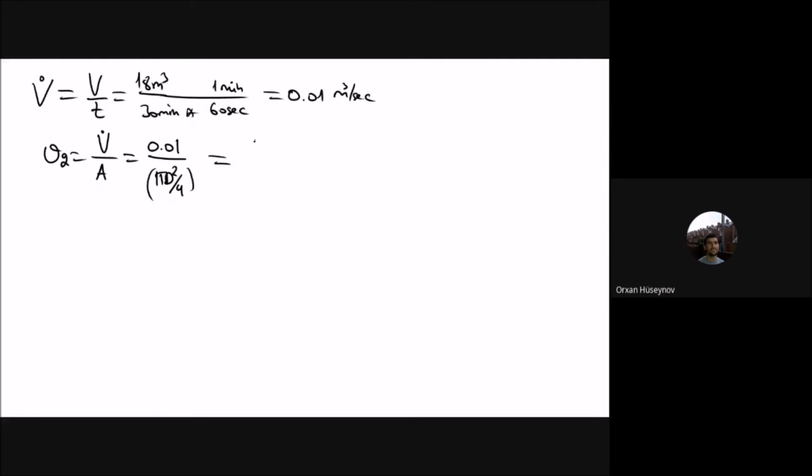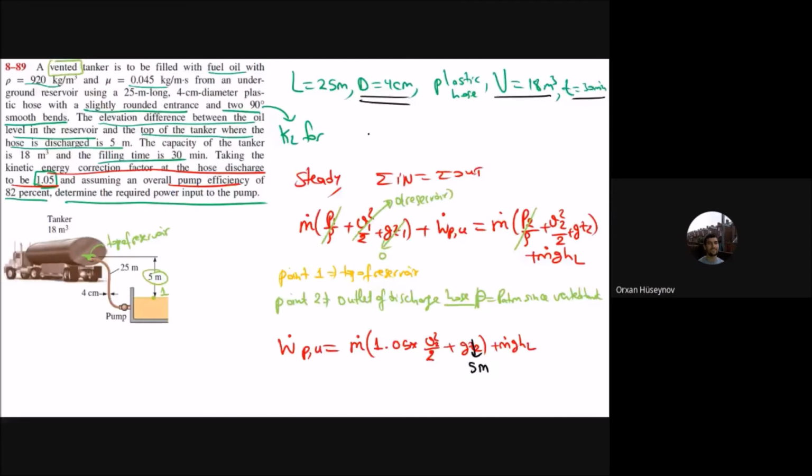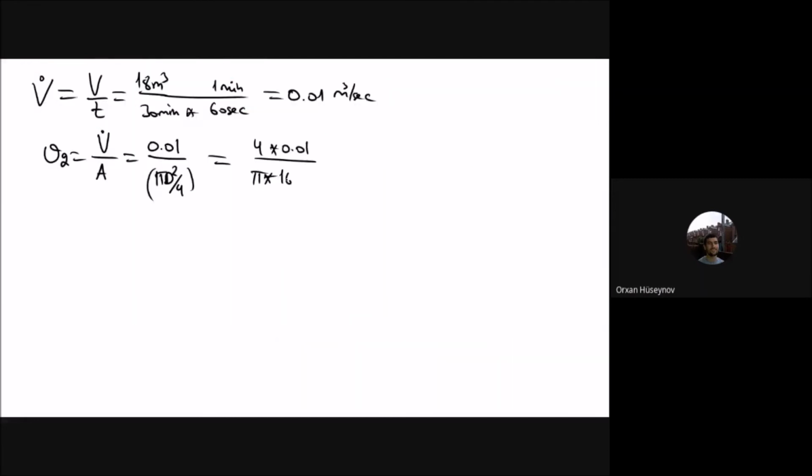And then you will have 4 multiplied with 0.01, divided by pi multiplied by the diameter, which is 4 centimeters, that will be 16 times 10 to the negative 4. From here, you can get the value of the velocity.